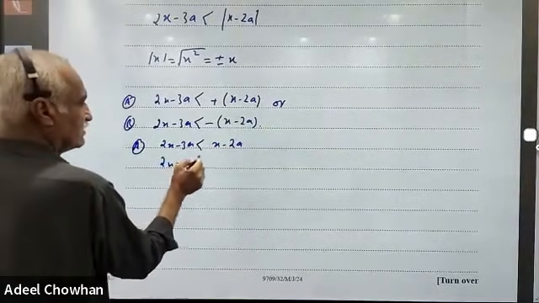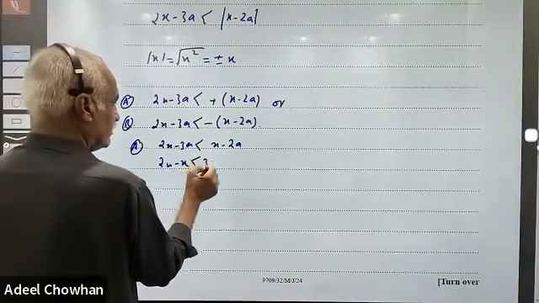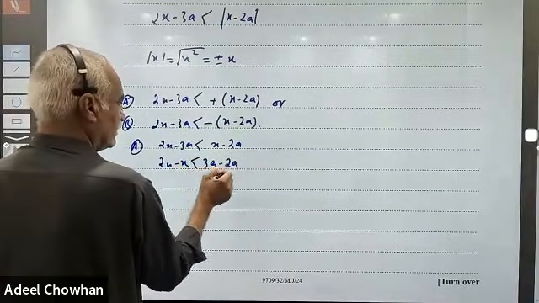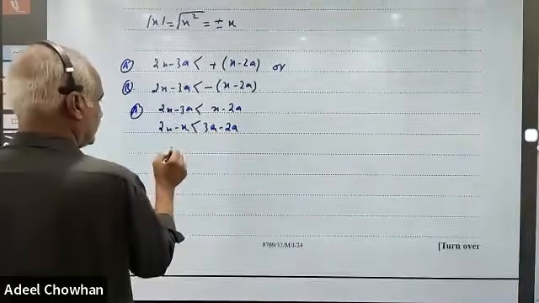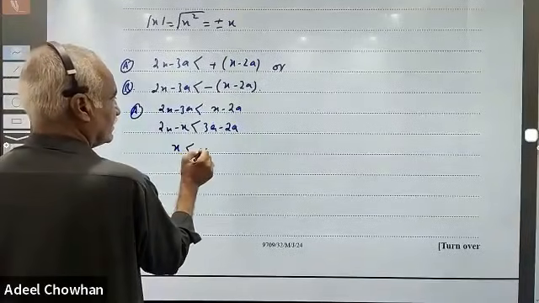2x minus x is less than 3a minus 2a, or x is less than a.